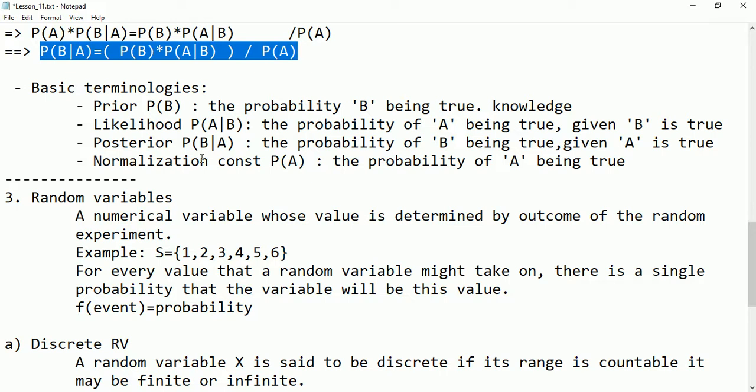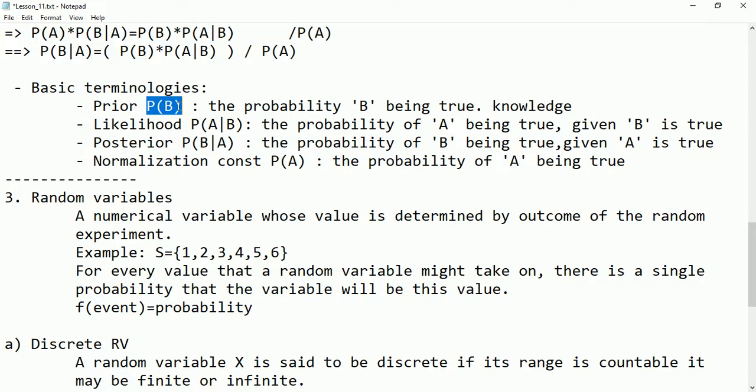So here are some basic terminologies that you need to understand. First, probability of B is called prior knowledge, the probability of B being true.